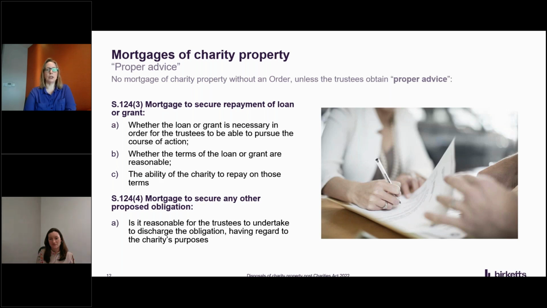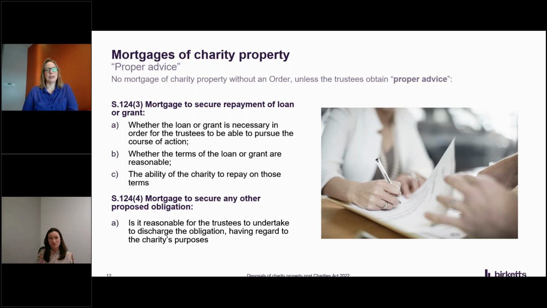So mortgages to secure a loan or grant. That's your classic mortgage secured on the land. What's needed there is really financial or accountancy advice. So this isn't legal advice, but advice on whether the terms of the particular loan are affordable, whether they're the right thing for the charity to do, whether they can make the repayments.